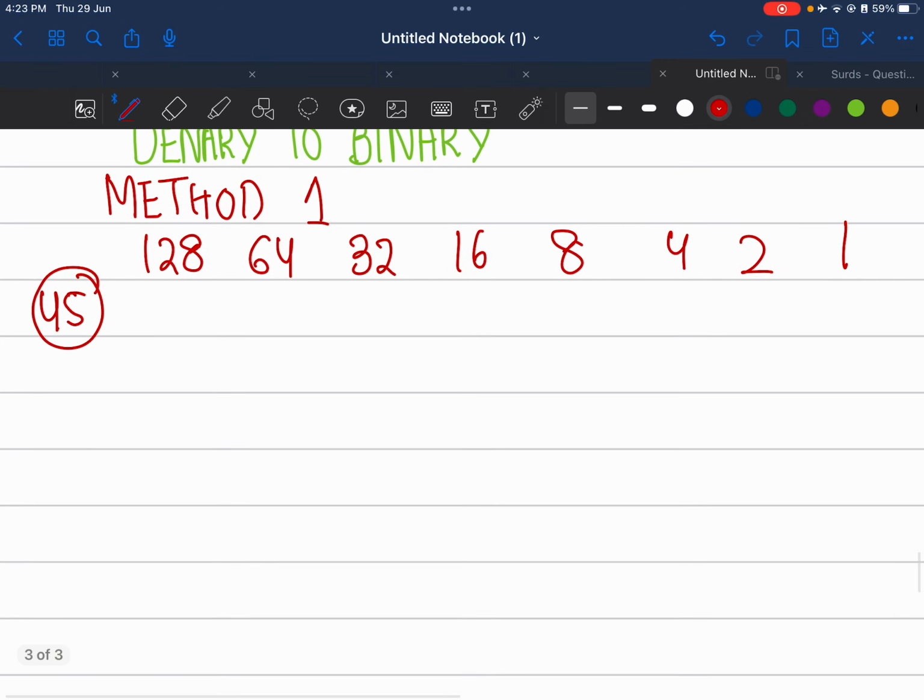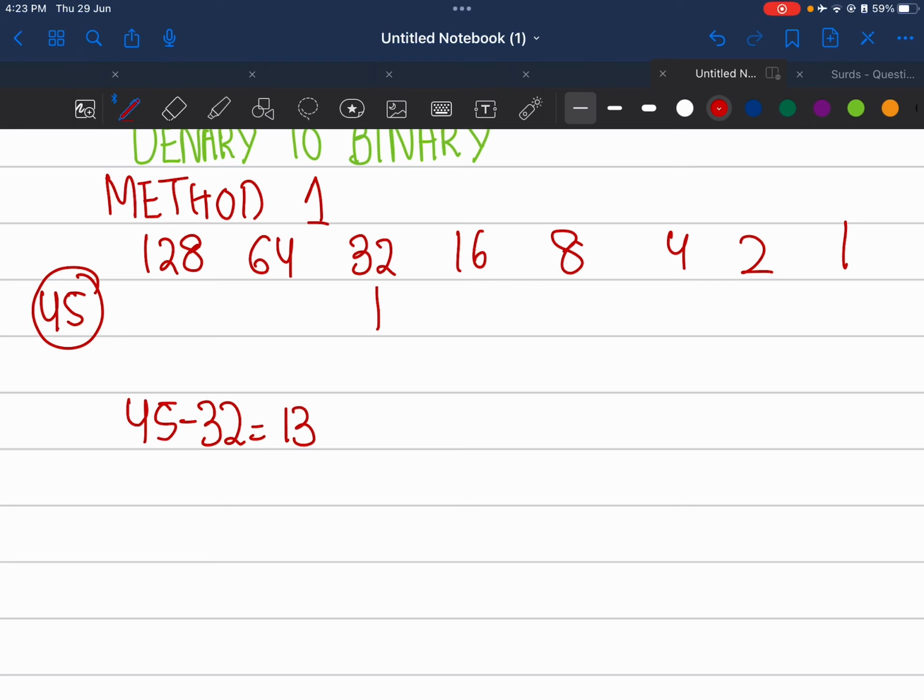Now you want to figure out which place value is the largest one that is less than 45. 64 is larger than 45, so we have 32. So you put a 1 in the 32's column, and then you subtract: 45 minus 32 is 13.